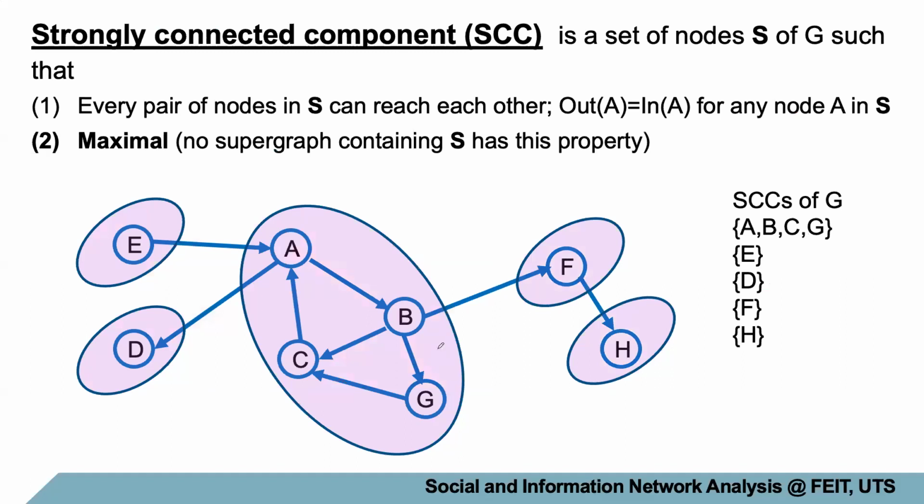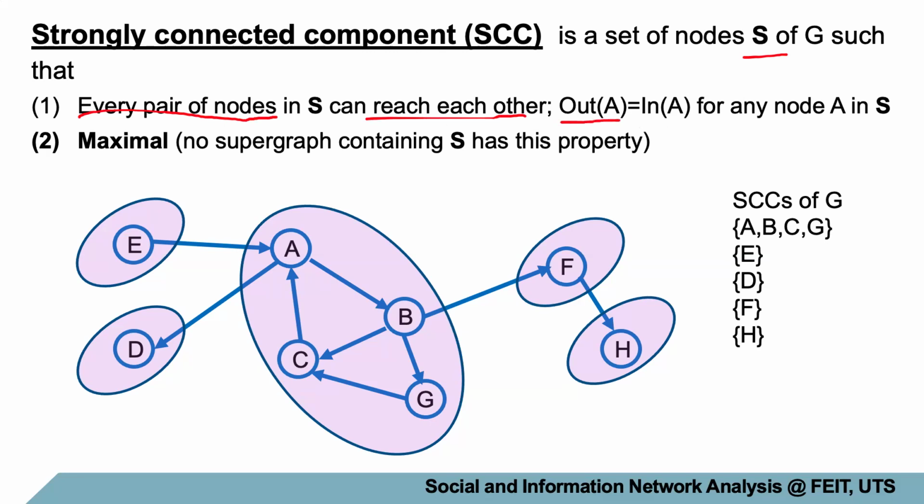Next, we define the strongly connected component, SCC. Usually we say SCC in a directed graph. An SCC is a set of nodes such that inside the SCC, each pair of nodes can reach each other.